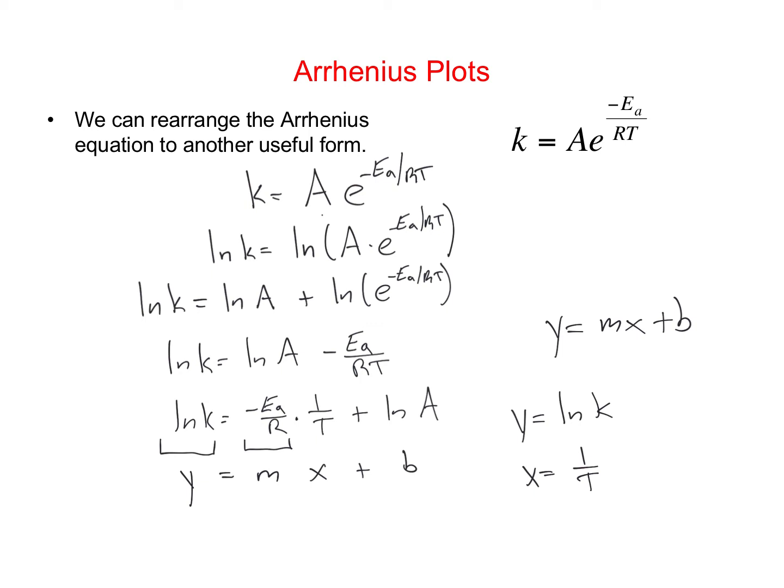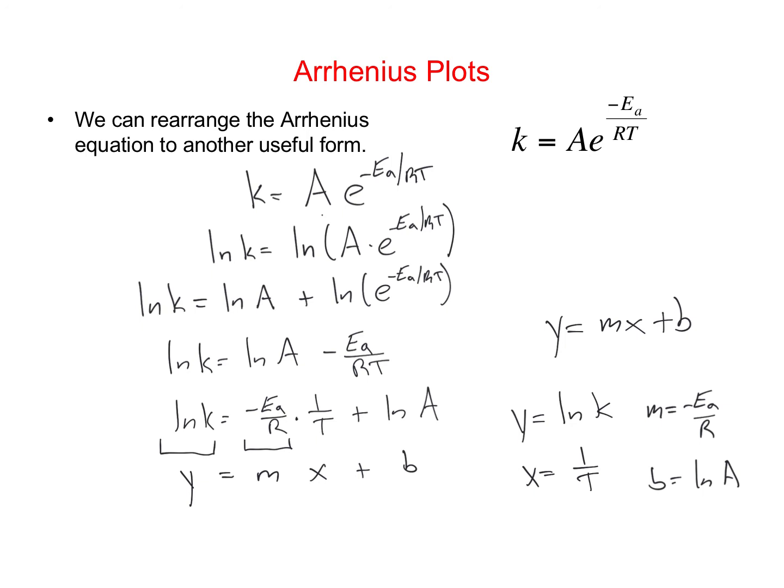And the useful thing about that now is the slope of that line is going to be equal to minus the activation energy over R. So when I do that, m will be minus EA over R, and the y-intercept will be the natural log of the frequency factor.